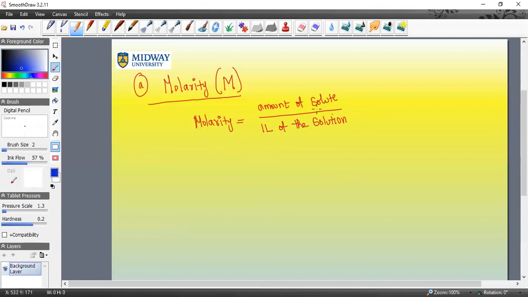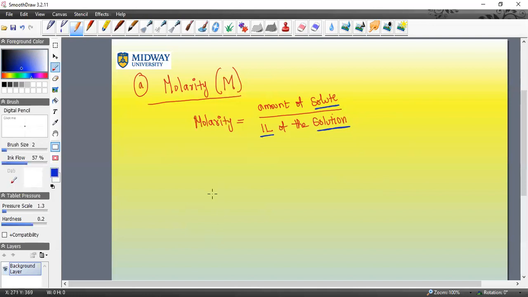Molarity is defined as the amount of solute, whatever it be, present in 1 liter of the solution. If this doesn't make sense right away, I understand, and that's where you should be. If you understood it, then that's good. But either way, unless we actually work out a problem, none of this will make any sense.